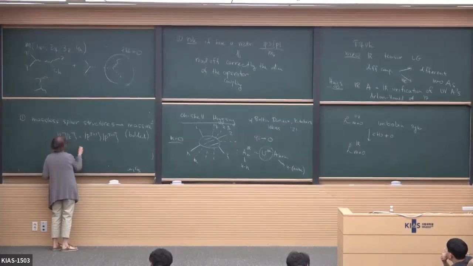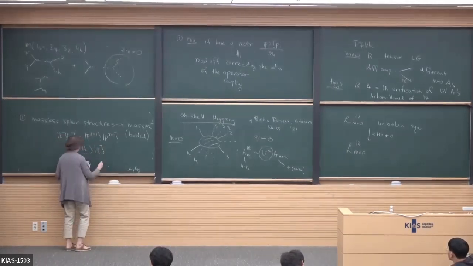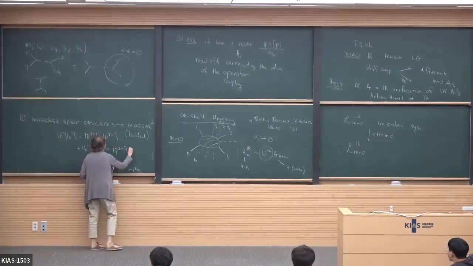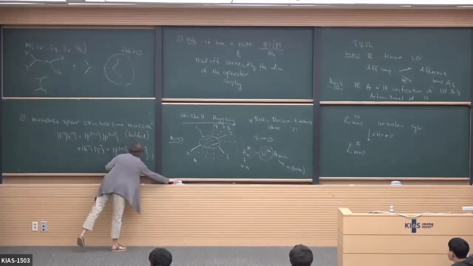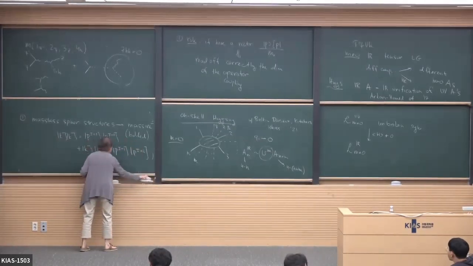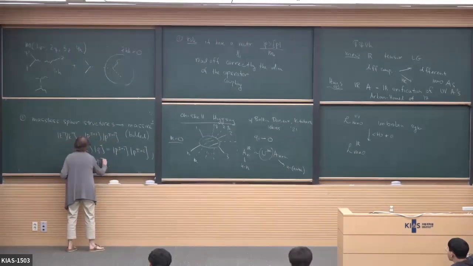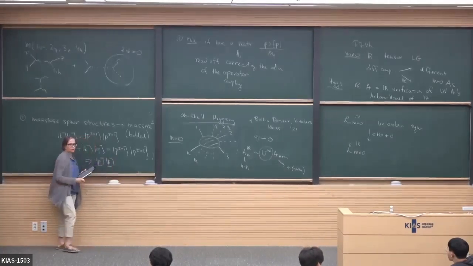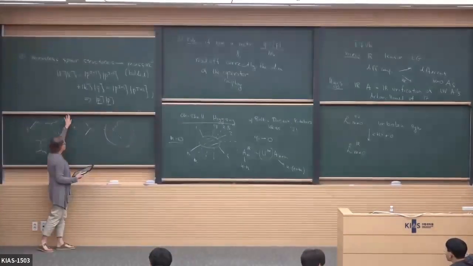And on top of that, I'm going to get stuff with KQ, which will be the I equals 2 components. And together, all of these guys, when I sum them up, are going to give the bolded structure. So this is the first thing that's going to happen.